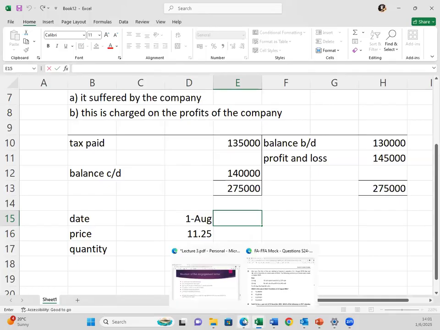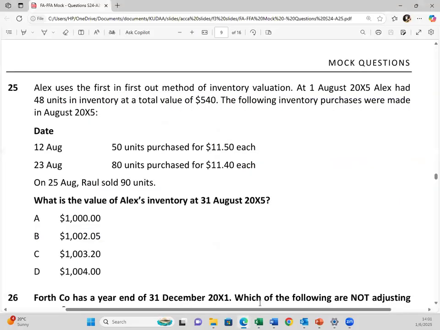Then the next date after this one, when did we make purchases? The next date for purchases is 12 August, and the next one is 23 August. So we have 12 August and 23 August.